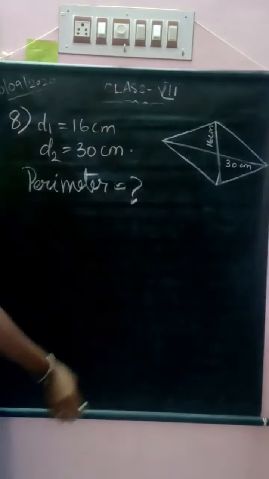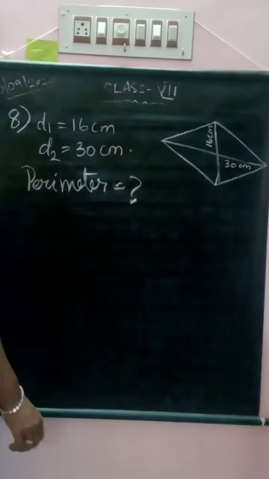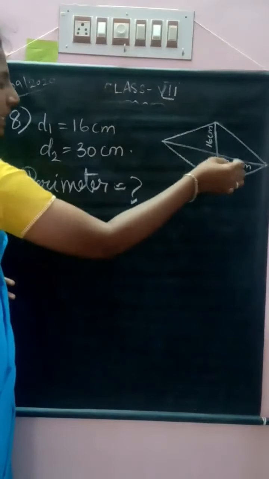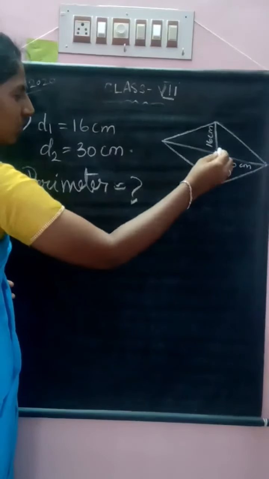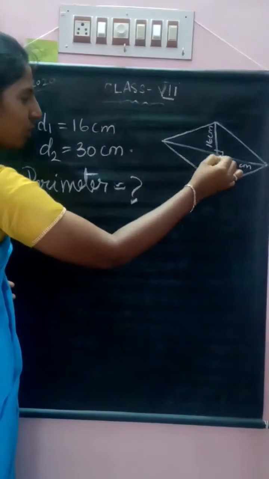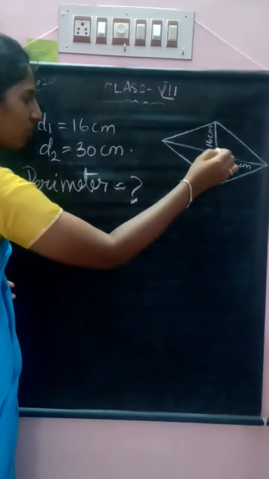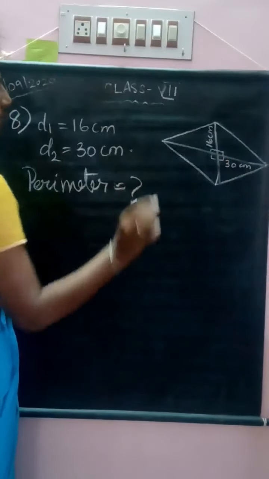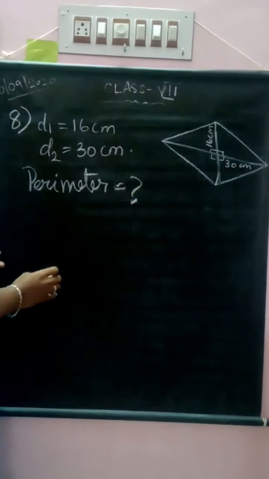Diagonals are given for this rhombus. So one special property of a rhombus is the diagonals meet each other at 90 degree, forming 90 degree. So all the four angles that are formed when two diagonals meet each other will make 90 degree. Okay, clear all of you?